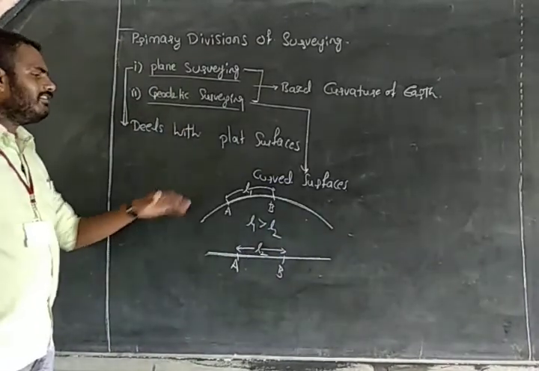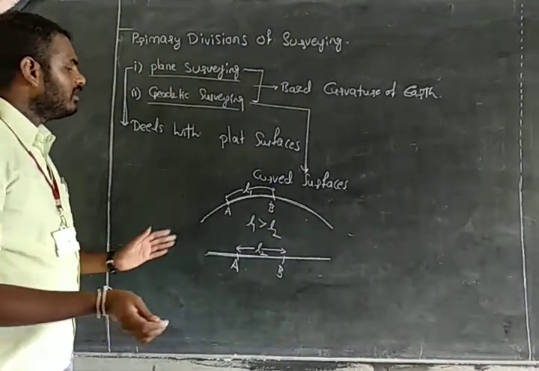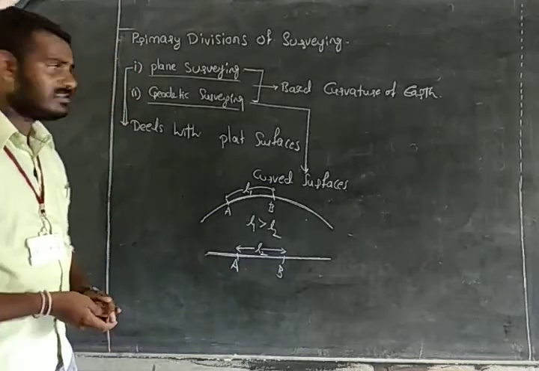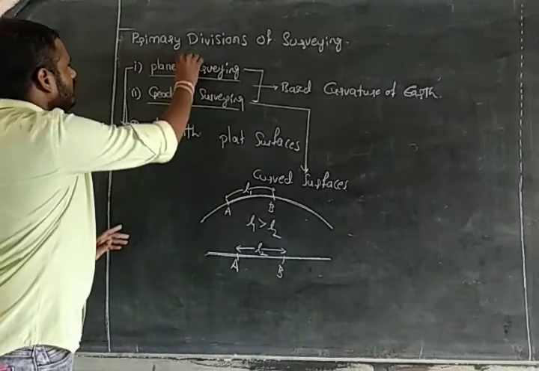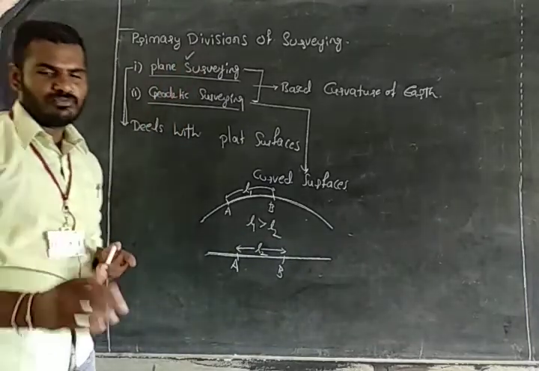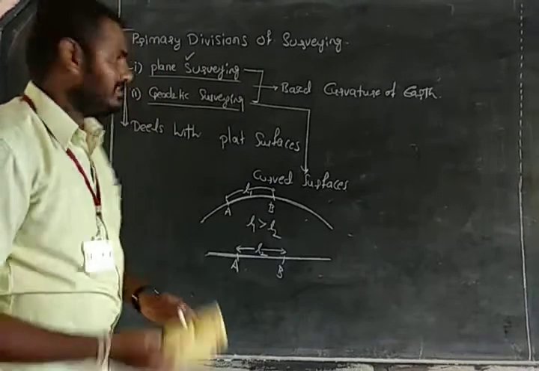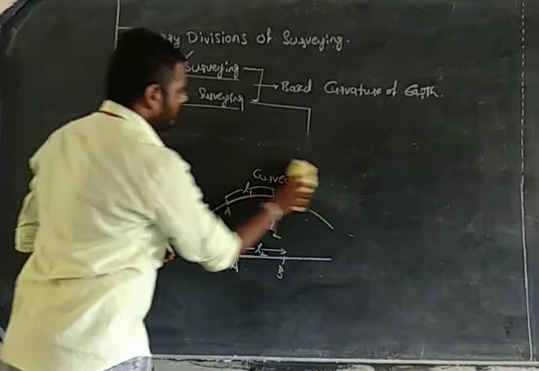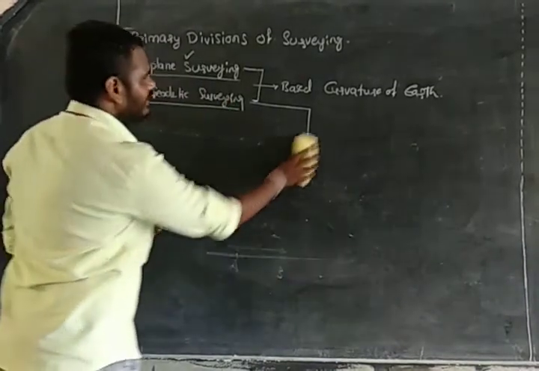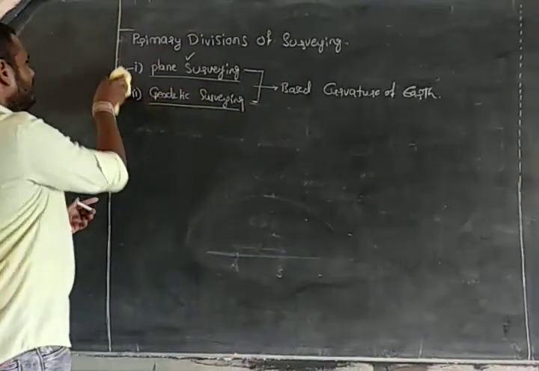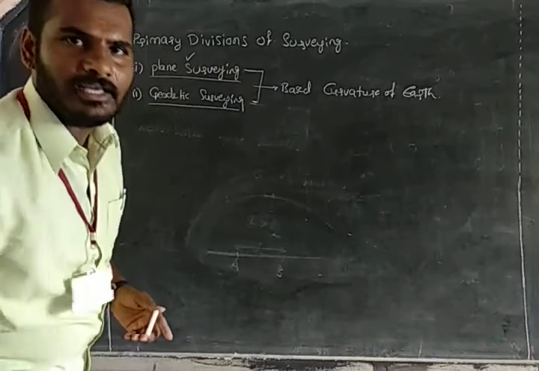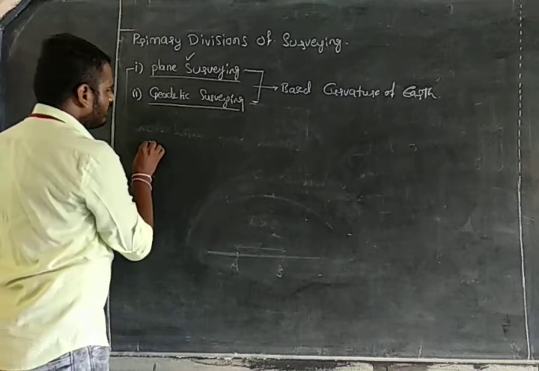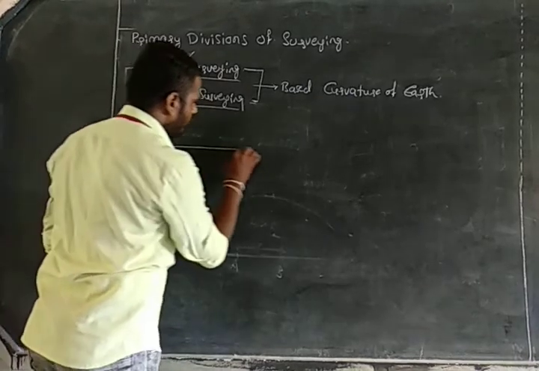Okay, now you have some idea regarding the curvature of the earth and the flat surface. So first I am going to discuss plain surveying. When we call a particular survey a plain survey, we consider the earth surface, the already existing ground surface, as a flat surface.